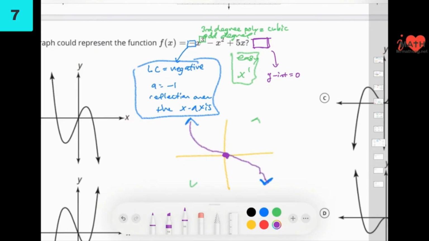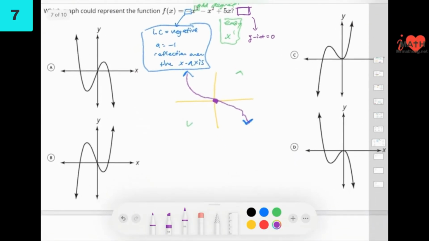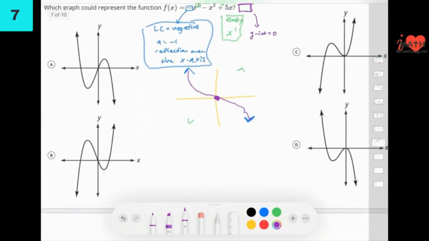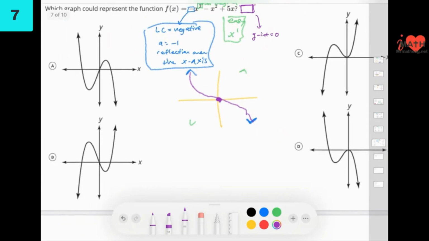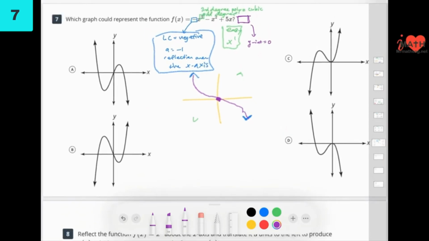The big idea is the arrows. Arrows are super helpful, okay? So and notice I don't have all the other intercepts, the other x-intercepts, but the arrows are super important, okay? Watch. This one has a positive leading coefficient, so I don't need this one or this one.